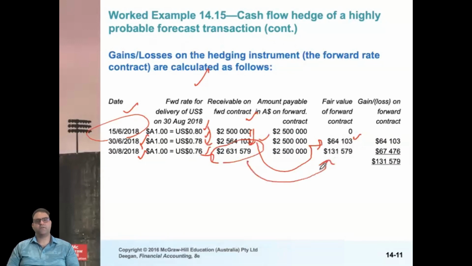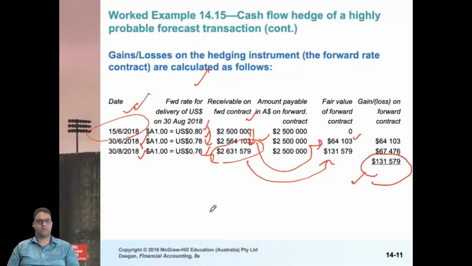And again, there is a fair value increase in the forward contract. So overall, we have gained on the forward contract if we stand on day one and enter into the forward contract agreement with the broker. Overall, we get a profit of 131,579, which is quite impressive.